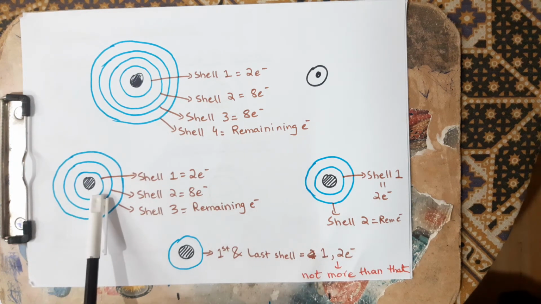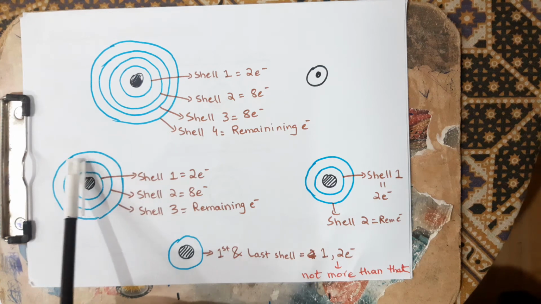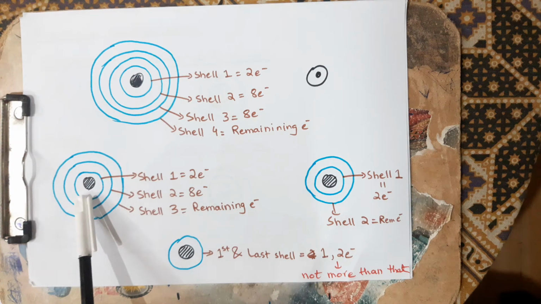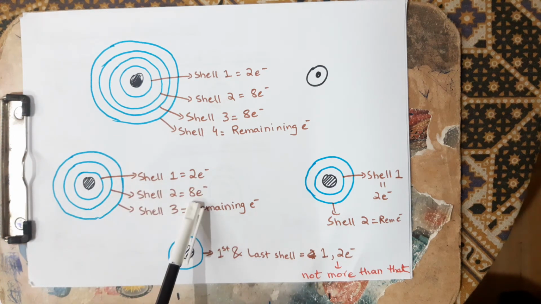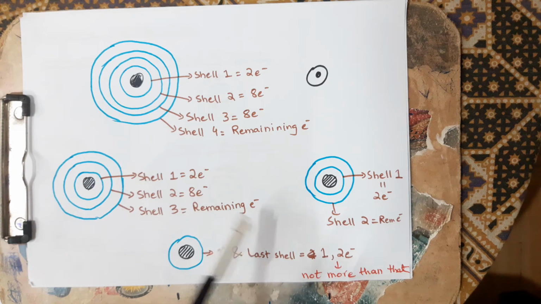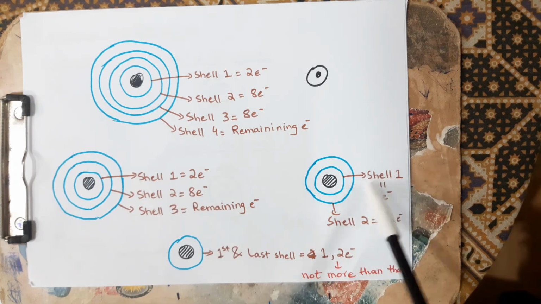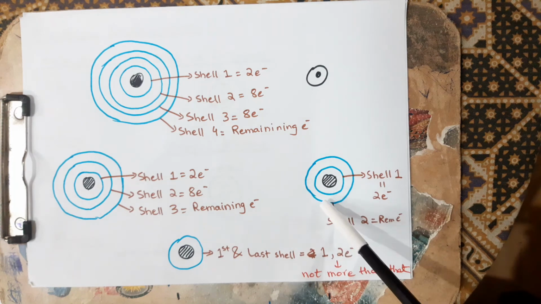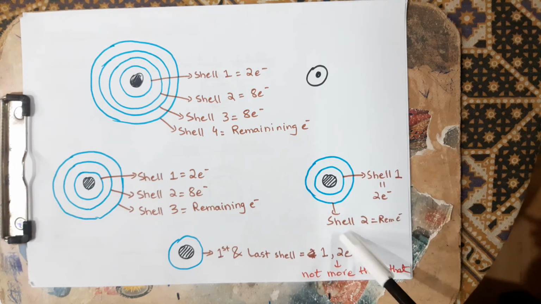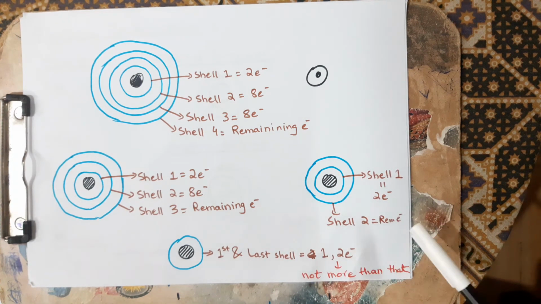Same for this: if an atom contains 3 shells, in the first shell 2 electrons, second shell not more than 8, third shell the remaining and not more than 8 electrons. Like here, first shell 2 electrons, second shell the remaining and not more than 8 electrons.